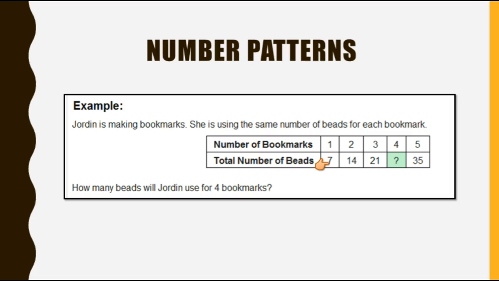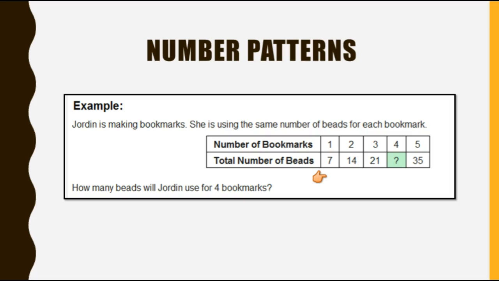She needs 7 beads. For 2 bookmarks, she needs 14 beads. 3 bookmarks, she needs 21 beads. So how many beads would she need for 4 bookmarks? So you've got to look at these and try to figure out what is the rule here.